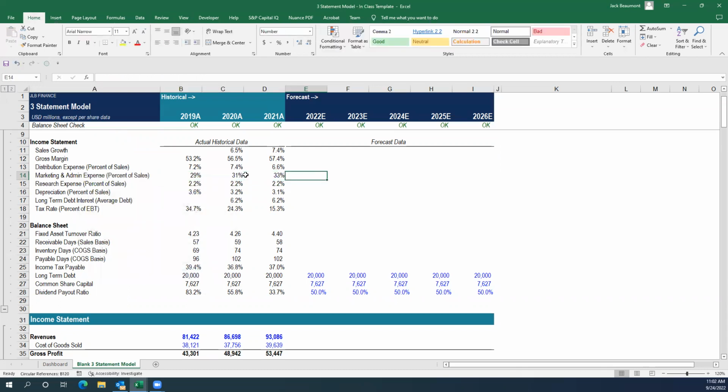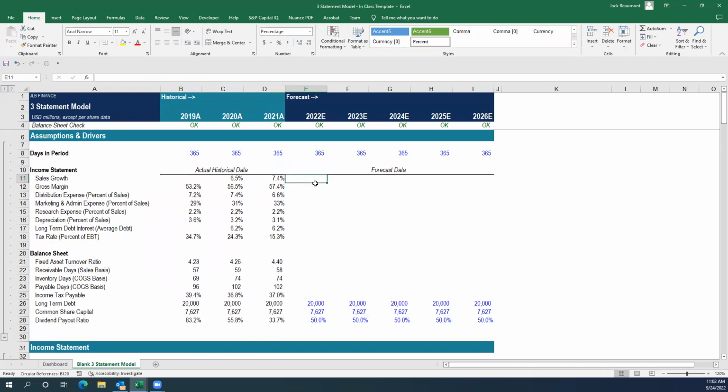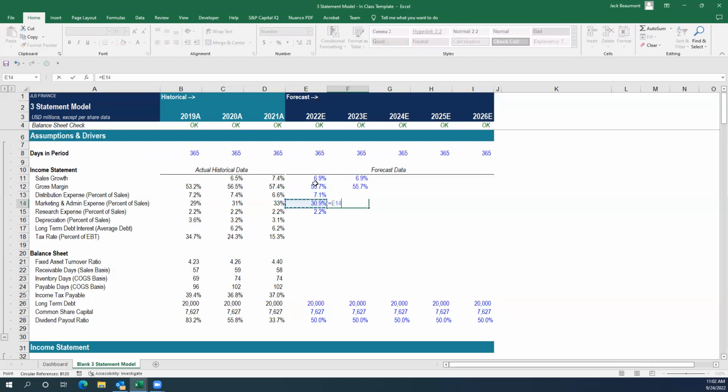Good. So for 2022, here we're going to just use an average. So it equals average of these. Okay, and then fill that down to there. Okay, and then we're just going to reference these like that.